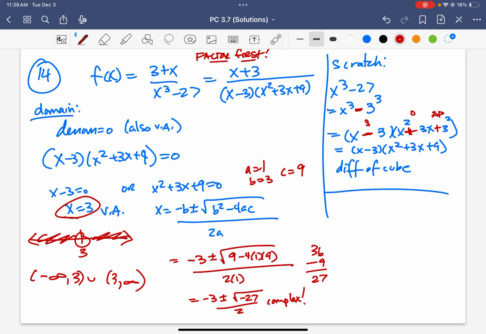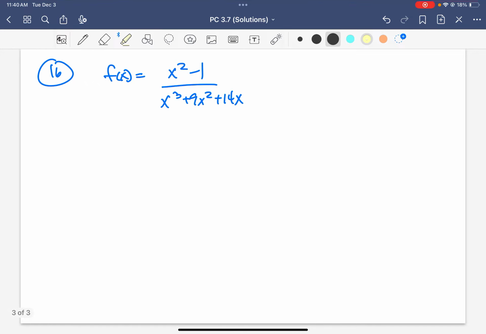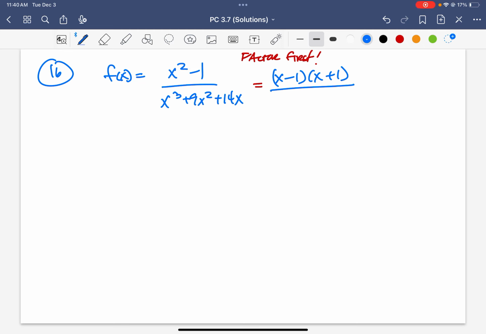Anytime you're dealing with a rational expression, it's really helpful to always factor first. So over here, I'm going to factor first. I really want to see what the form of this thing is. Well, the top factors into this because of the difference of two squares. The bottom, if I take out an x, I'm left with x squared plus 9x plus 14.